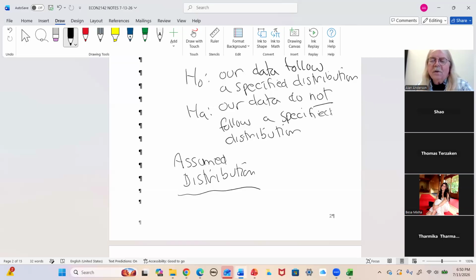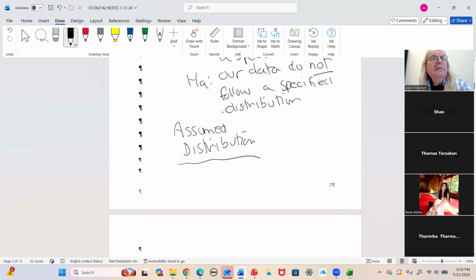Suppose we're running a store, and let's say that we want to compare our assumption to the actual data. So we have two categories of data.